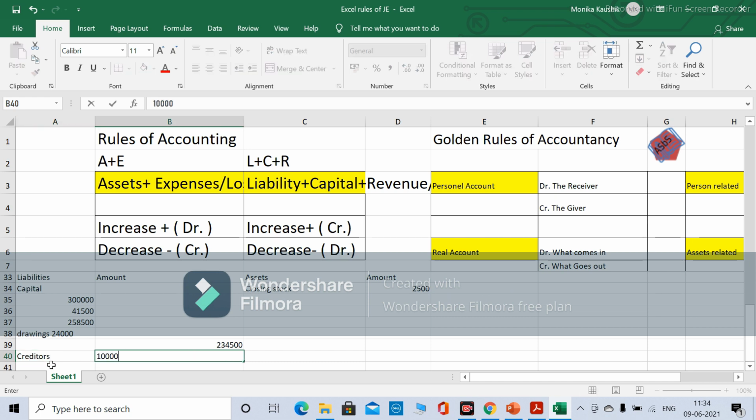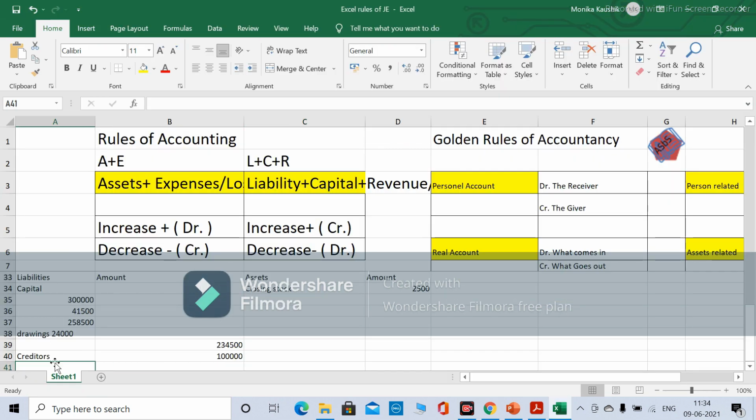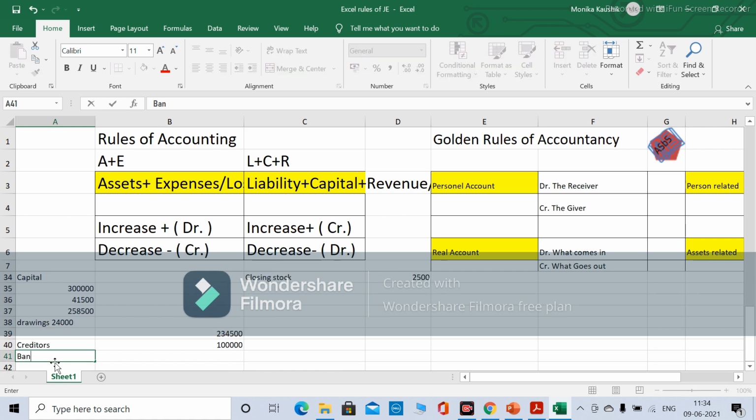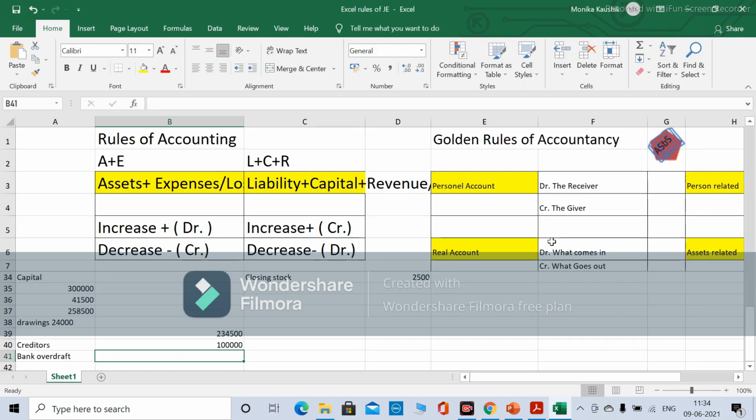Creditors 1 lakh rupees. Bank overdraft 28,000. Bank overdraft is also a liability. I have taken more amount of cash from the bank, so I'll have to pay it back, 28,000. This is my liability.